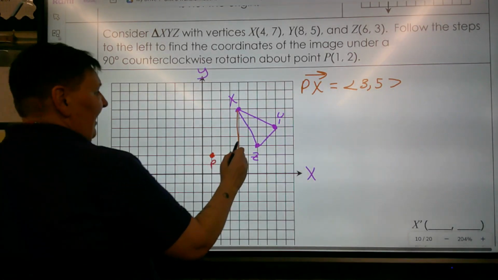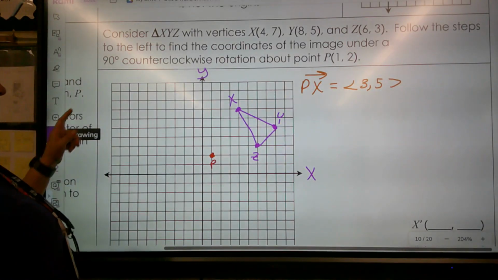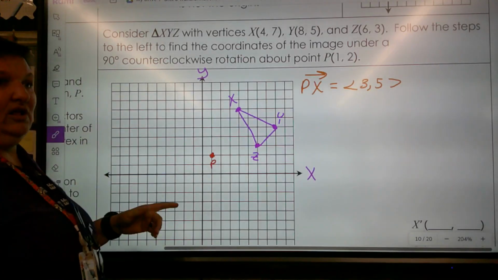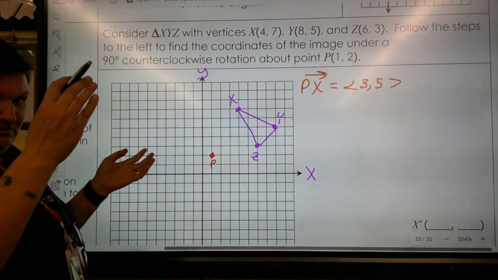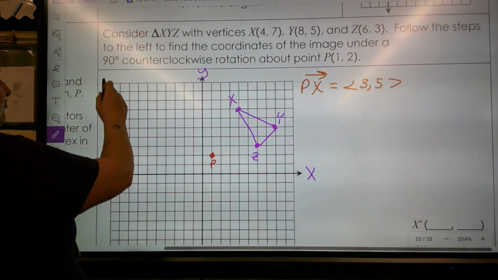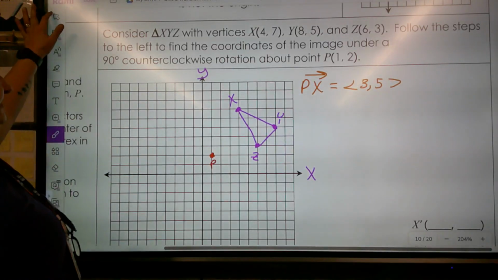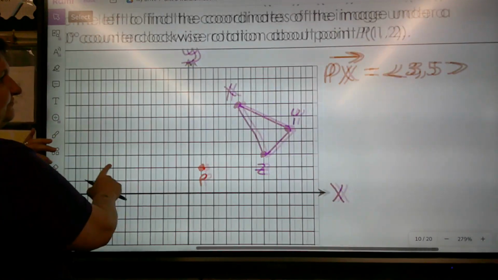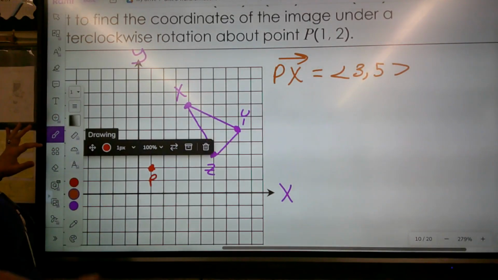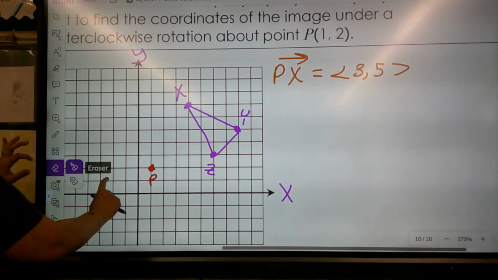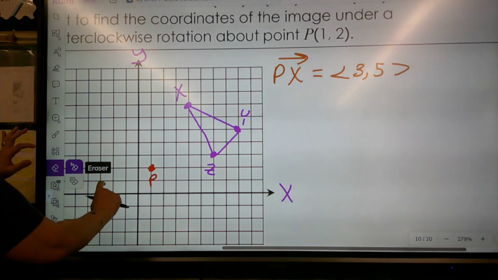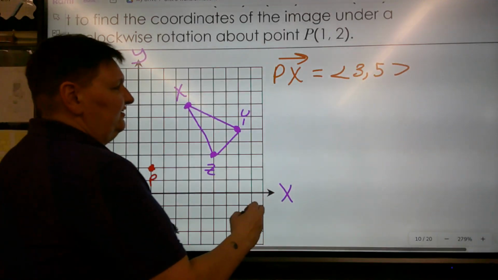Right? Once you have your vector, then you apply the same rule as you did for rotating about the origin. So for 90 degrees counterclockwise, the rule is change the sign of your Y, right?